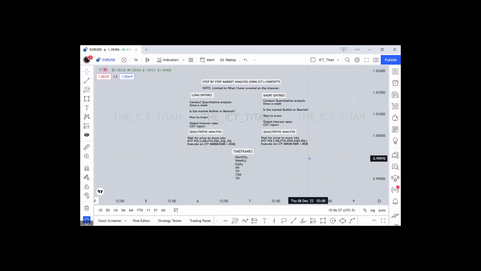I want to assume that you have gone through the 2022 ICT mentorship model and you have backtested it, traded on a demo account, and have grasped the concepts.